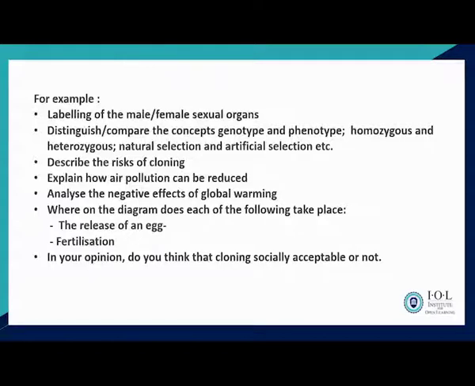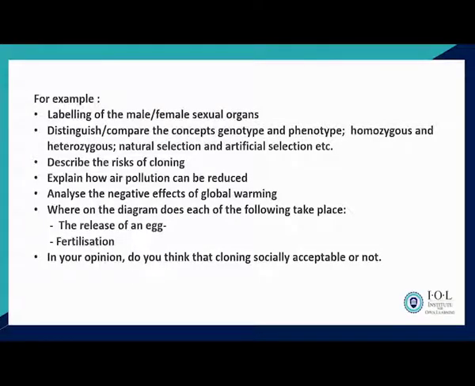It is not the examination scope, as I've mentioned, so that you could be able to differentiate between the different concepts. You can be asked to describe the risk of cloning, for example, explain how air pollution can be reduced, explain how water pollution can be reduced.